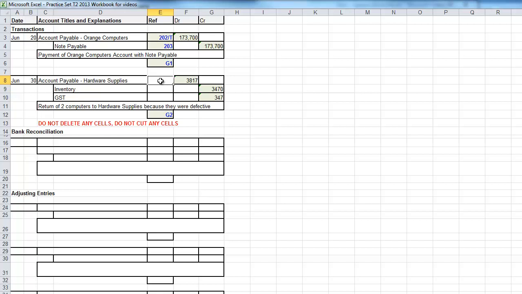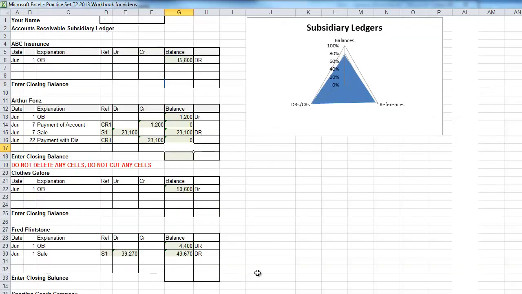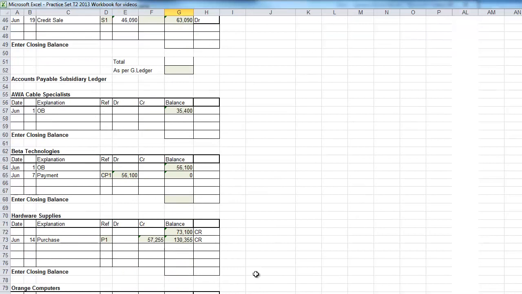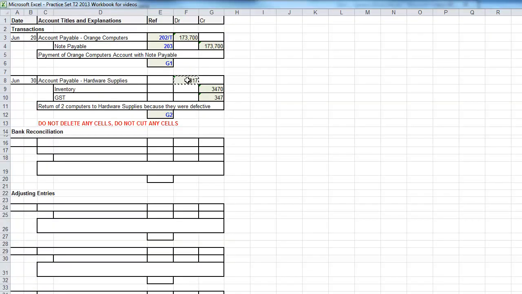Righto, let's post this to the subsidiary ledger. So subsidiary ledger, hardware supplies 3817, subsidiary ledger, accounts payable, hardware supplies, June 30, a return, this will be G2, and the amount, we'll get that out of the general journal, 3817.